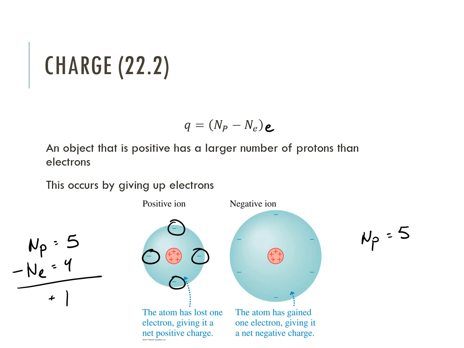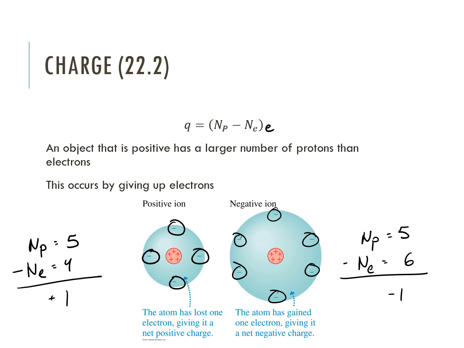This means that on our left side, we have a positive 1 charge. On the right side, we have 1, 2, 3, 4, 5, 6. So our number of electrons is equal to 6. We're going to subtract 5 minus 6, which is negative 1. So we have a negatively charged ion.